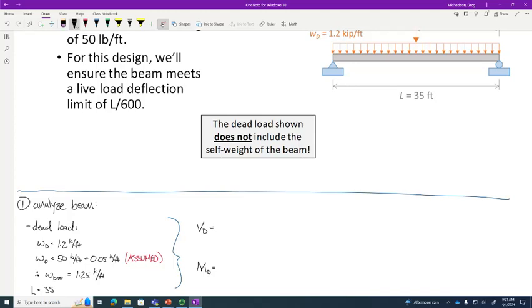Case 1. And so the dead load shear is going to be what? wL over 2. There we go. And this one's going to be wL squared over 8, right? That's supposed to be D plus O. Okay. So it's 35 feet.